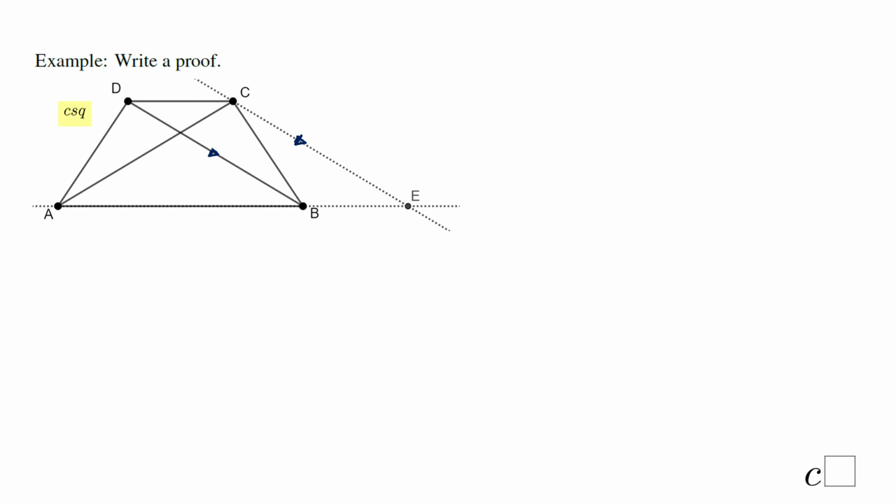Remember, AC is congruent with DB, and DB will be congruent also with CE, because that will be a parallelogram. So let me write that here: segment CE is parallel with segment DB.